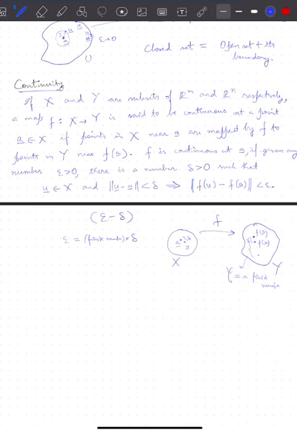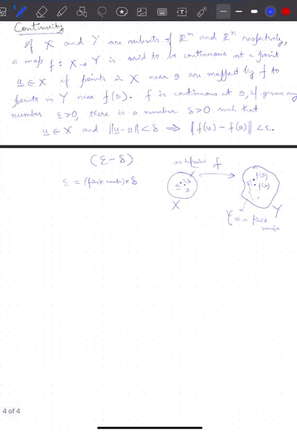Even though gamma can be written as a finite number times delta, this delta is an infinitesimal number, very close to zero. So it can never follow that relation that epsilon is equal to a finite number times delta.